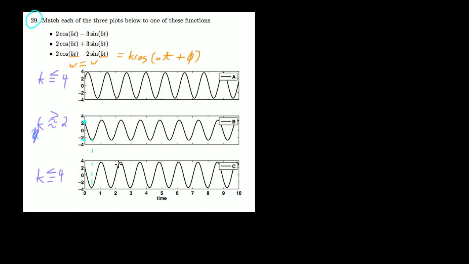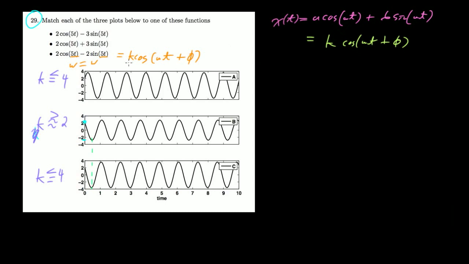When I'm reducing this down, if I have x of t equals a cosine omega t plus b sine omega t, I know from trigonometry that I can rewrite this as some k cosine omega t plus phi.